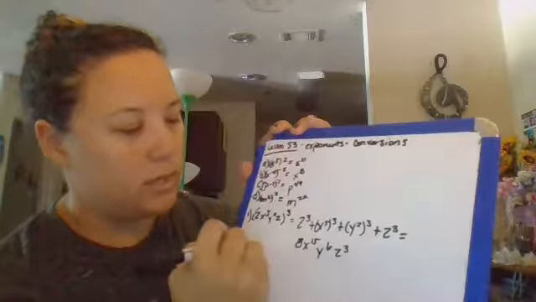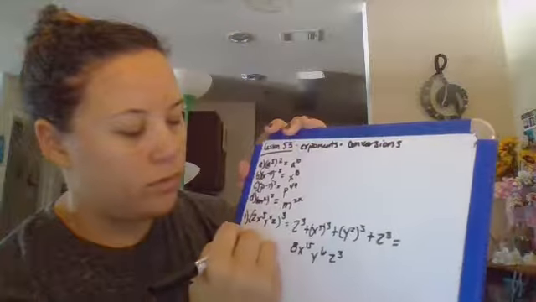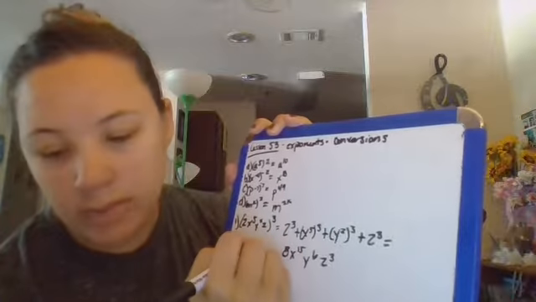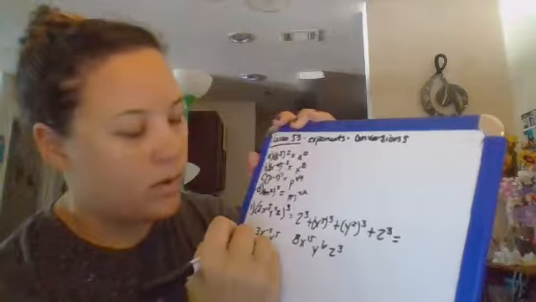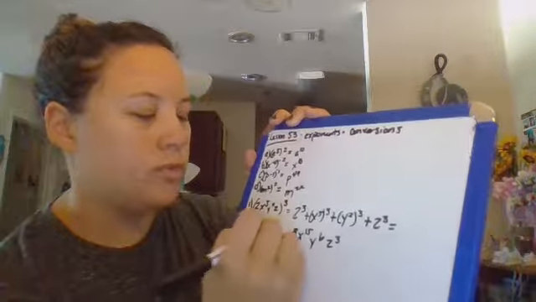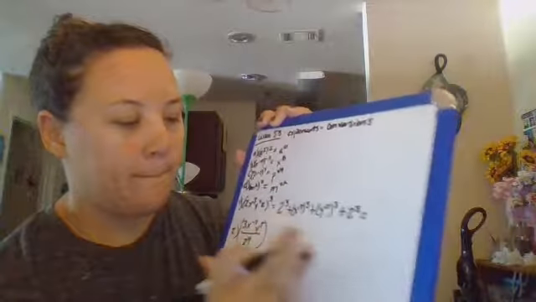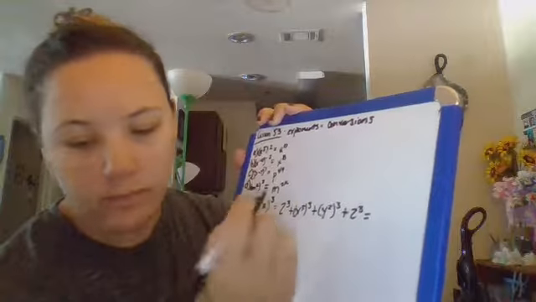All right, so our next one, we will have 3x raised to the power of -2, y to the power of 5 over z raised to the power of 4, and all of that is raised to the power of -2.